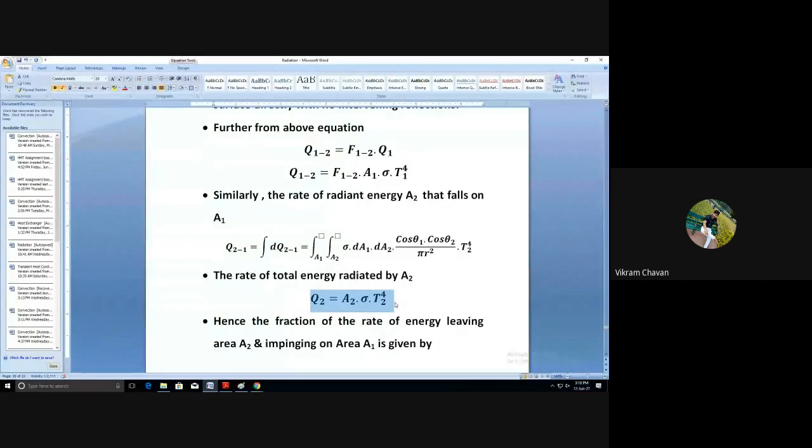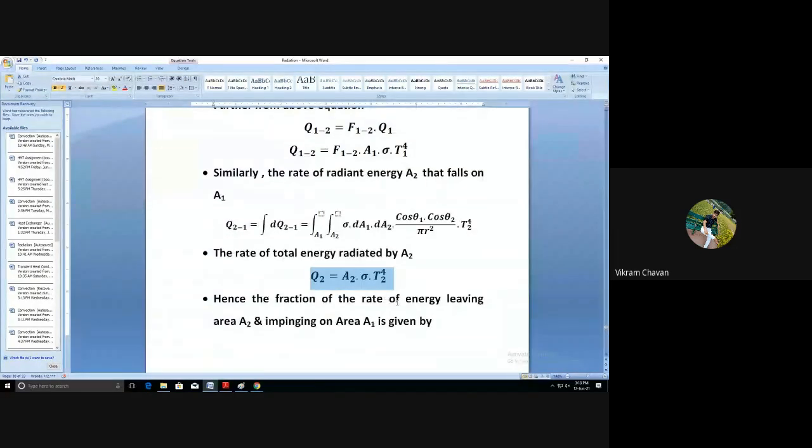Q2 is equal to A2 multiplied by sigma multiplied by T2 raised to 4.